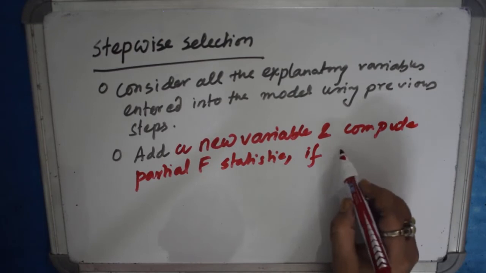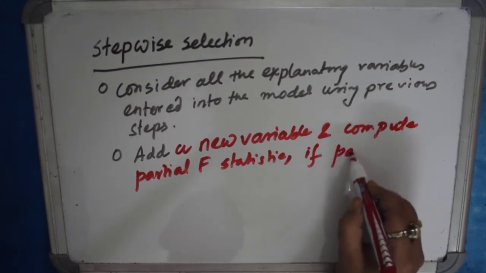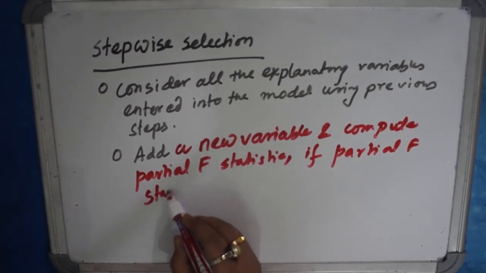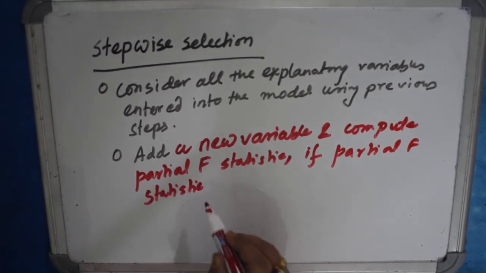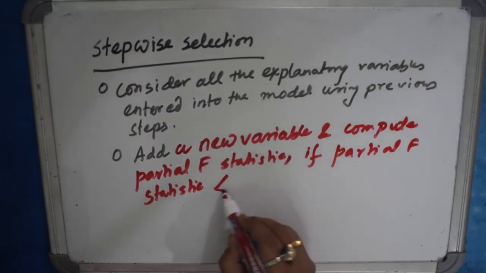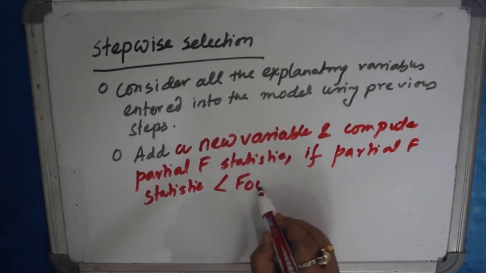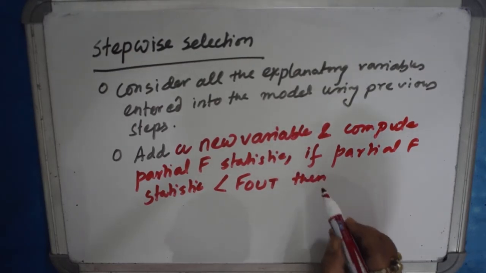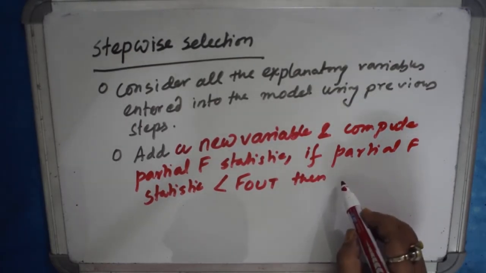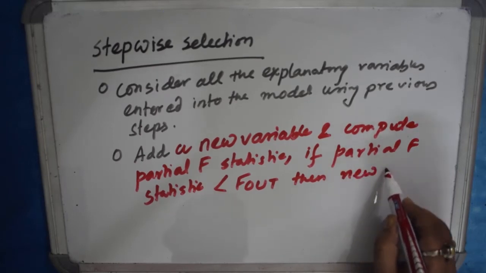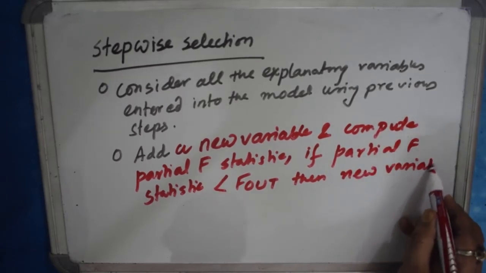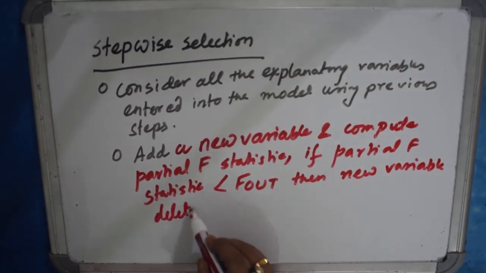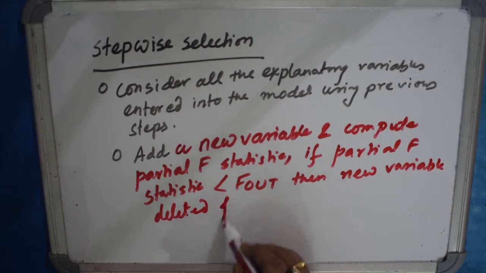If the partial F statistic is less than F out, then the new variable is deleted from the model.